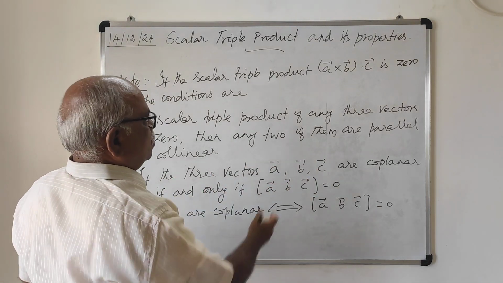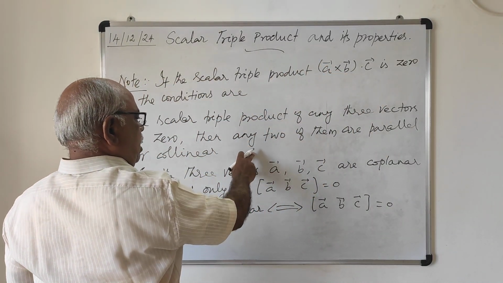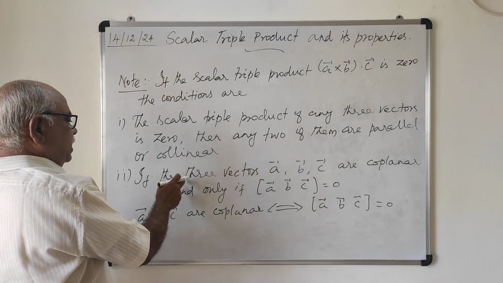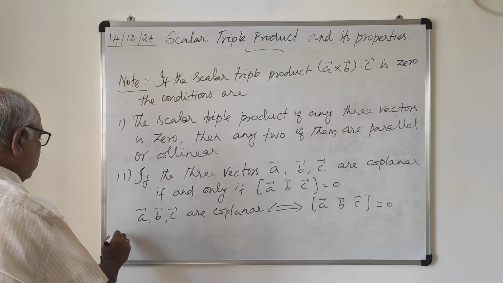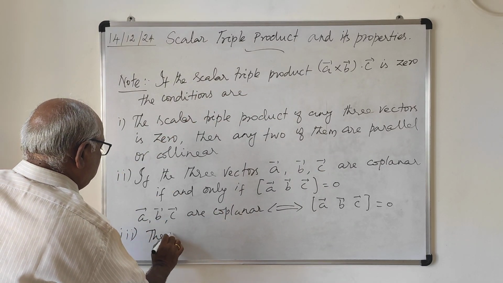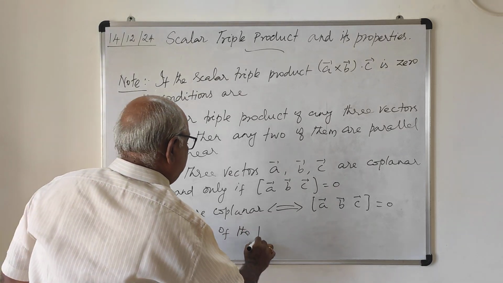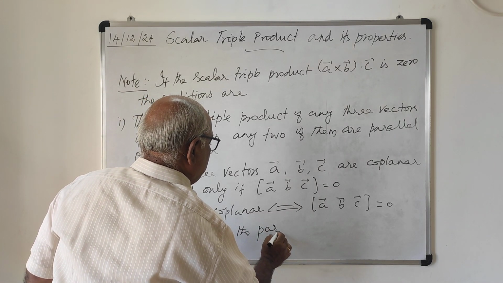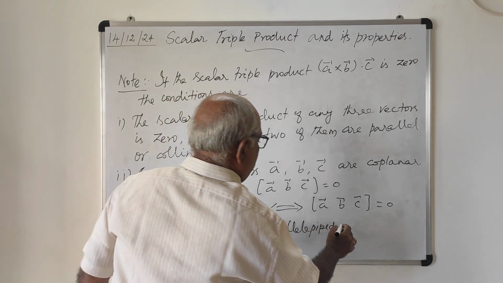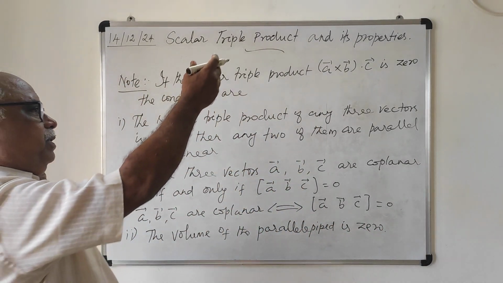And the third condition is that the volume of the parallelepiped is 0. These are the three conditions we can infer from the box product A, B, C being 0.